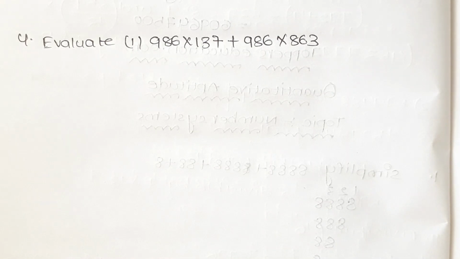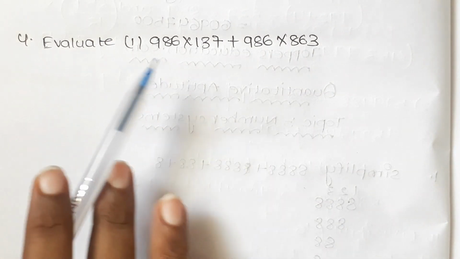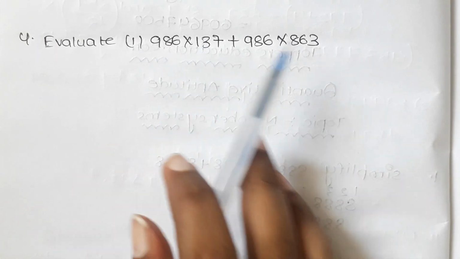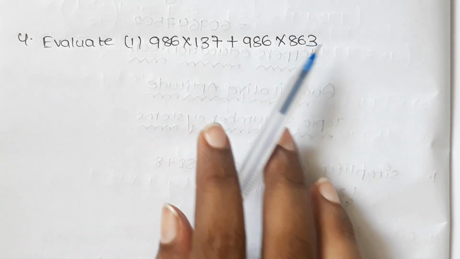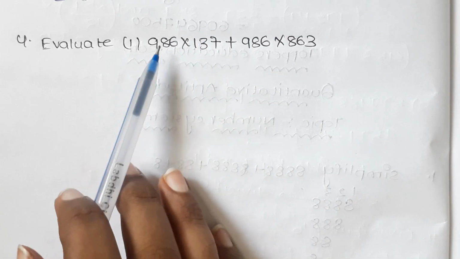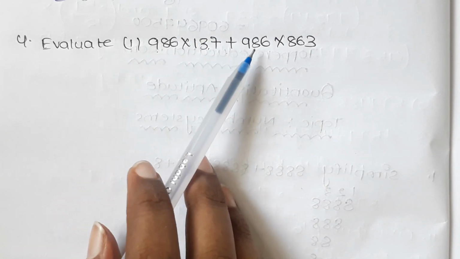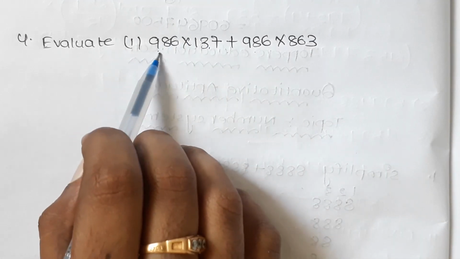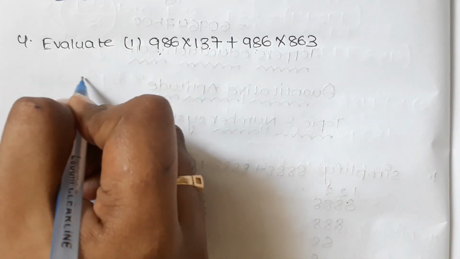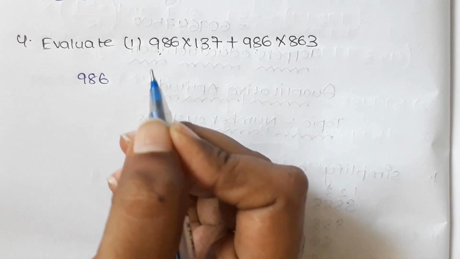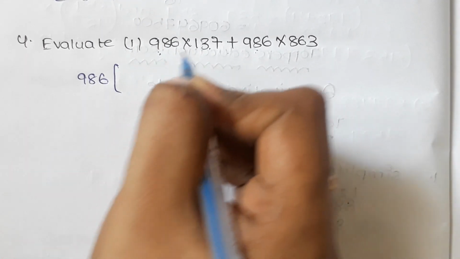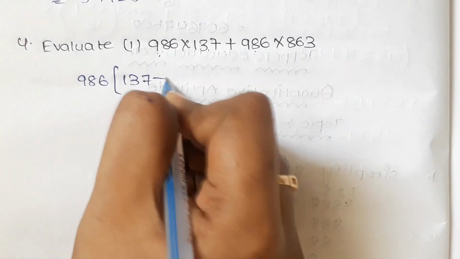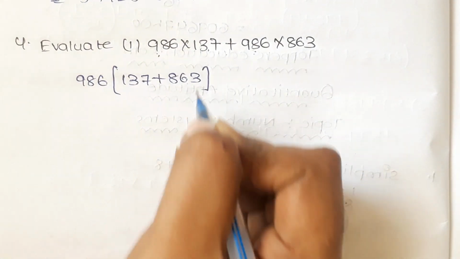And now let us see another model, that is evaluate 986 into 137 plus 986 into 863. It is in the form of A into B plus A into C. Now it can be written as, here 986 is common, so we should take it as common: 986 into 137 plus 863.